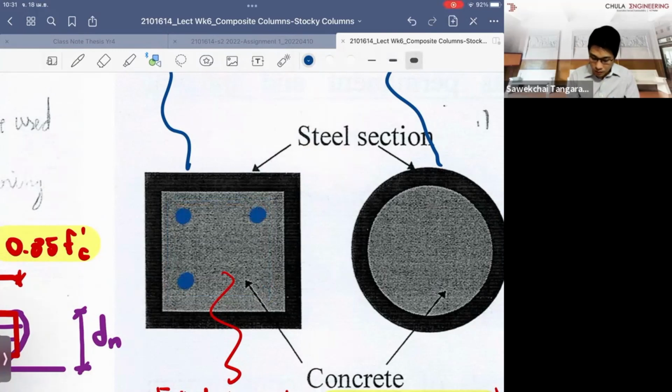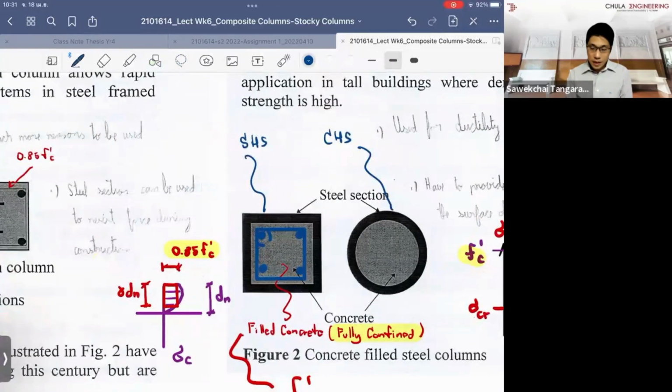They put the rebar and they put the stirrups here, and then they just have the tube, the rectangular or the circular tube, just enclose them, right? If you have a rebar, if you design like this, you get the most benefit, right?